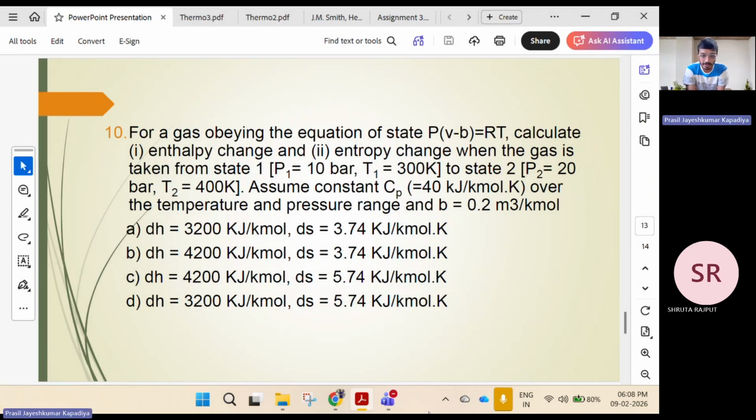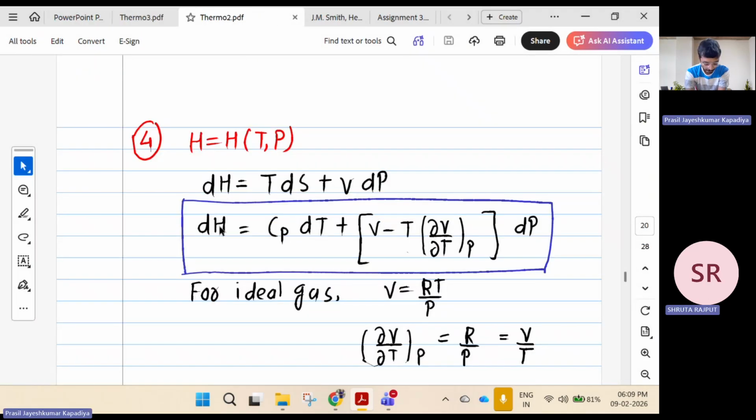P1, T1 are 10 bar and 300 Kelvin, and P2, T2 are 20 bar and 400 Kelvin, and Cp is 40 kilojoules per kilomole Kelvin, and B is 0.2 meter cube per kilomole. May I move to the equation slide just to show you what the equation is? So this is the equation. You need to put the values.